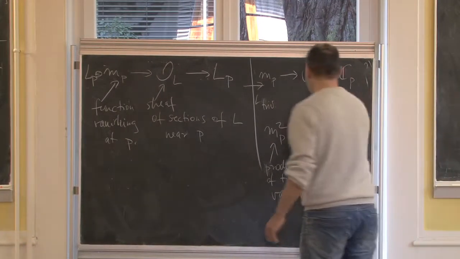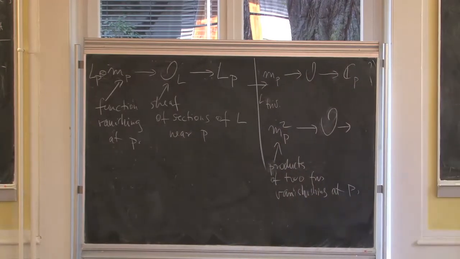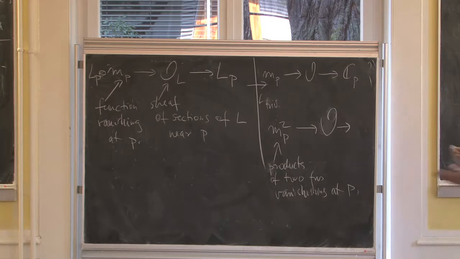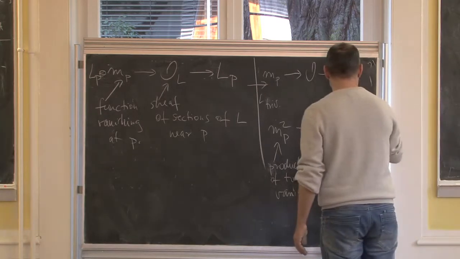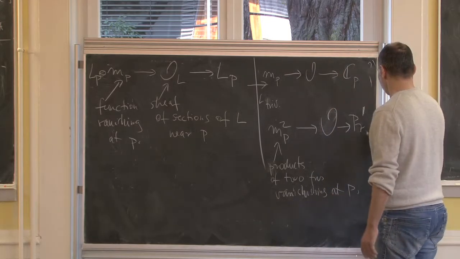Now if you look at that, here you have a quotient. What is this quotient? This quotient we call the principal part, the first principal part at the point P.